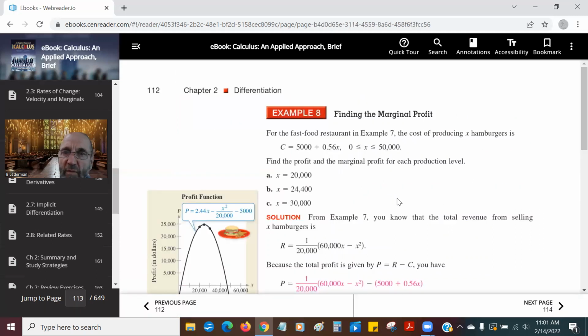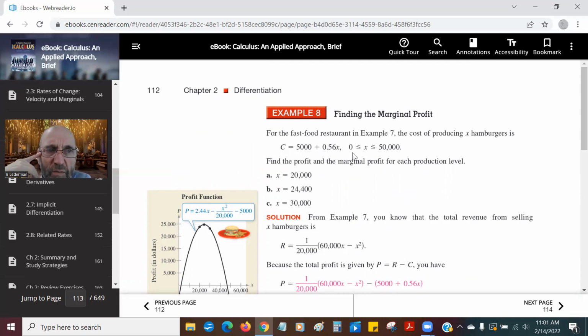Okay, how about marginal profit? Well, you have a fast food restaurant. In example 7, the cost of producing X hamburgers is C, that's cost, equals 5,000 plus 0.56X, when X is in this range.